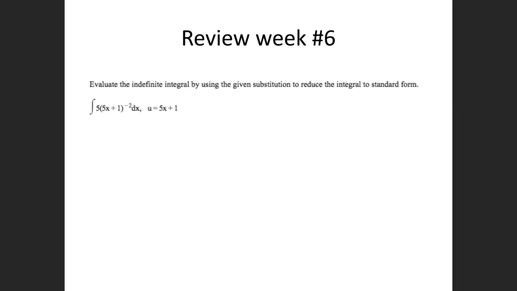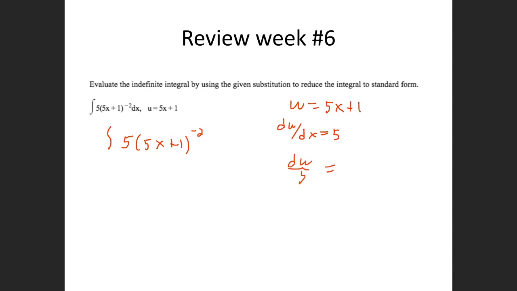So in this problem, if I was going to work this out, I've got the integral of 5 and then (5x plus 1) to the negative second power. They tell me u is equal to 5x plus 1. So if I take the derivative, du over dx equals 5. So du over 5 is equal to dx.